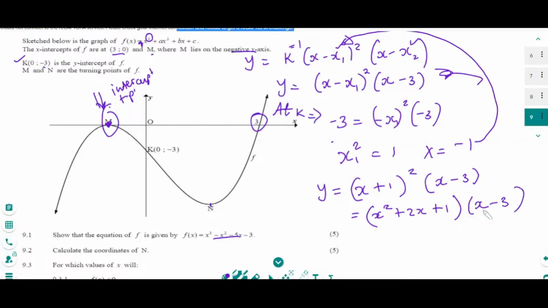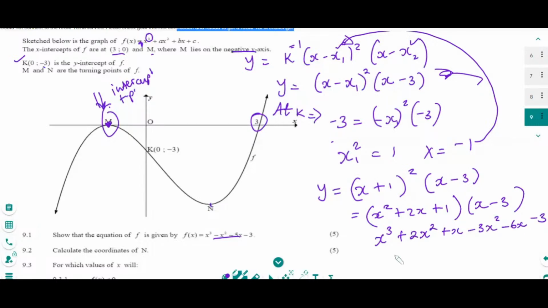When I open this bracket, this and this will be x cubed. This and this will be negative 3x squared, 2x squared, then a plus x, then negative 6x, and then a negative 3.